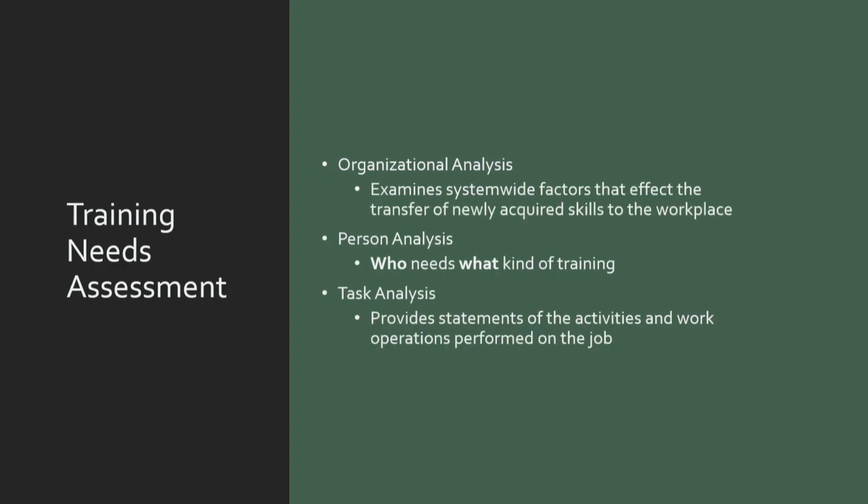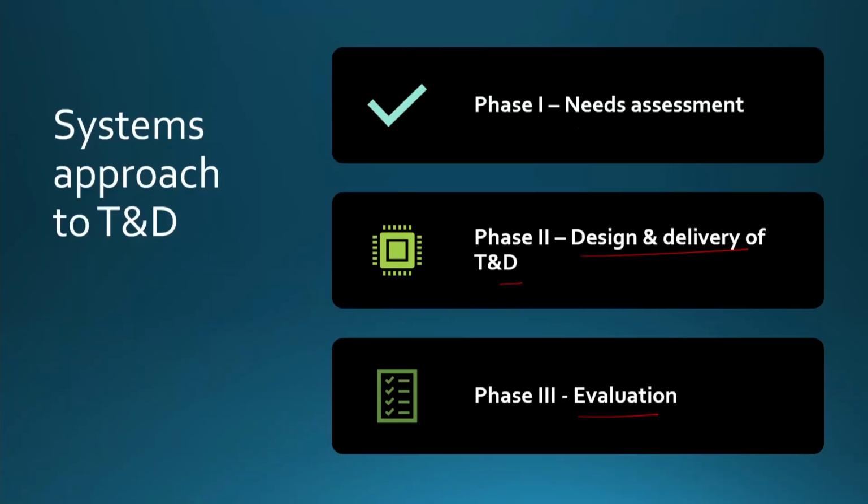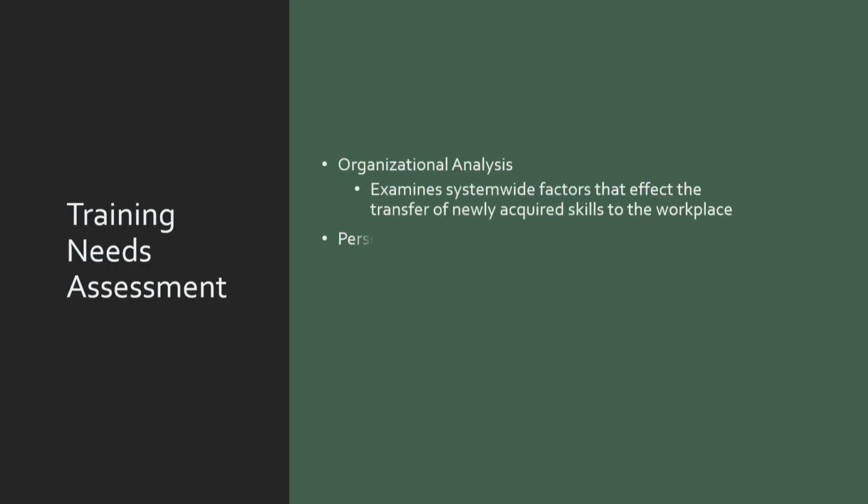Under the need assessment, organizational analysis, person analysis, and task analysis are carried out. The organizational analysis, as we have already seen in the graphic, I am now discussing in detail. I am going back to the graphic to help you understand the connection. The organizational need analysis, task analysis, and individual analysis come under phase 1 of the systems approach to T&D.